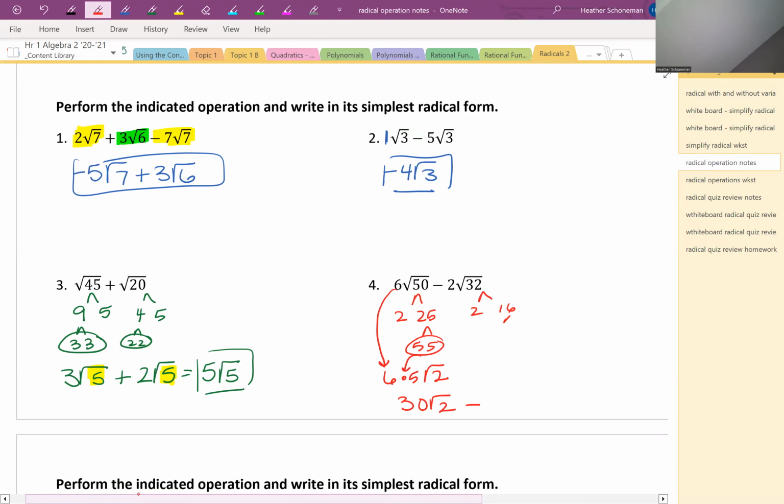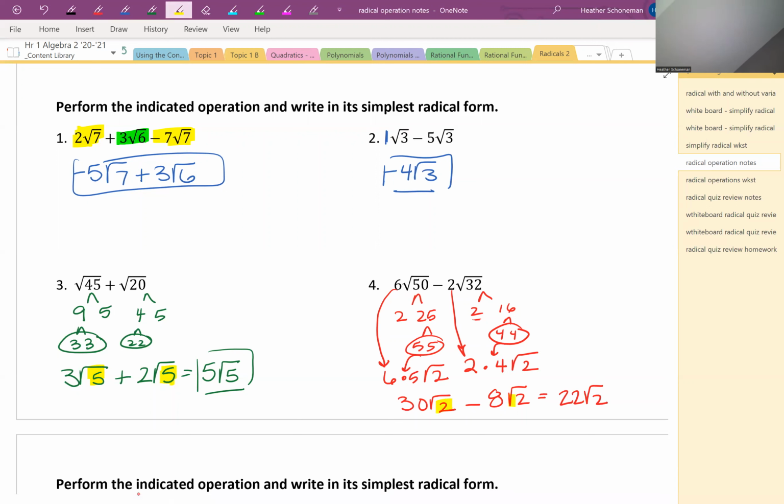This is 2 and 16, 4 and 4. This 2 is already outside. This 4 can now come outside, and this 2 is left over, leaving me with 8 square root 2. So 30 square root 2 minus 8 square root 2 is going to be 22 square root 2.